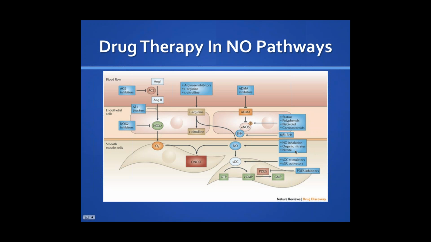Organic nitrates and nitrites enter this way. These stimulators will increase production of nitric oxide here. Those PDE5 inhibitors, this is Viagra, and this is how it works, by keeping nitric oxide from breaking down. So PDE breaks down cGMP, so it blocks that enzyme here.